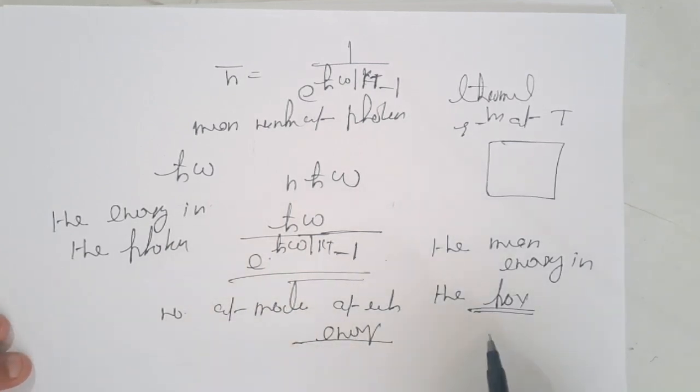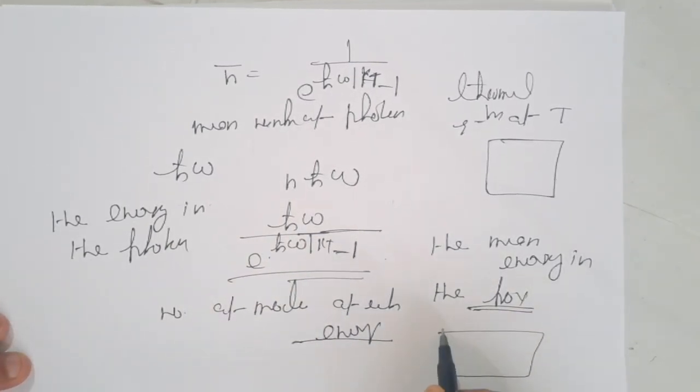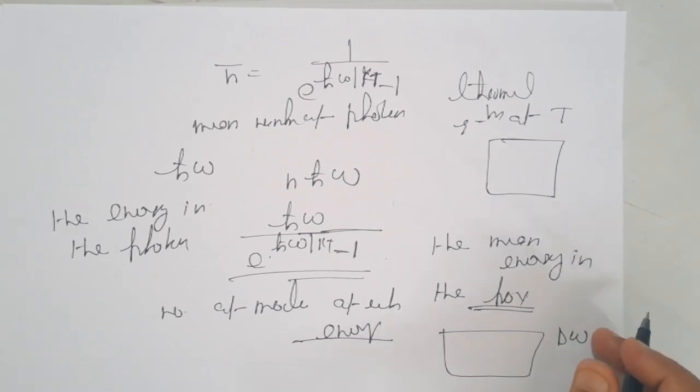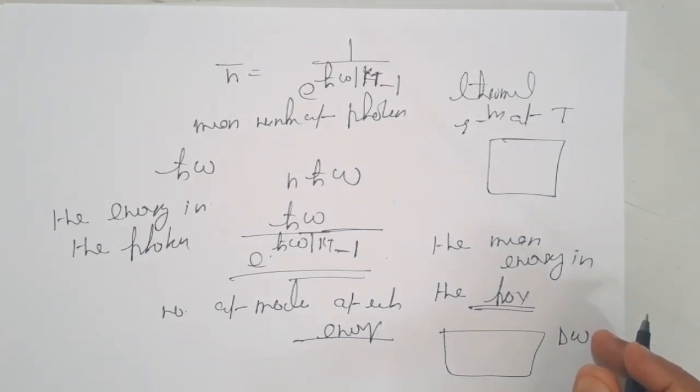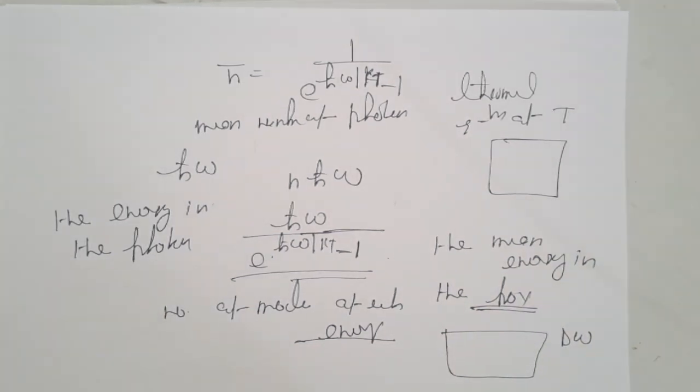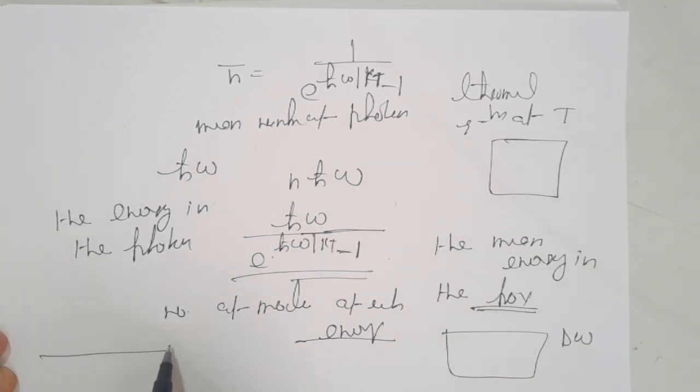So again we take a small box. In this box the frequency of the radiation is delta omega. Suppose there is a one dimensional string like this.